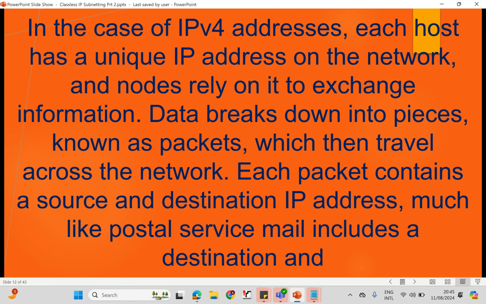So every piece of information, every packet, every data contains what we call the source. As a matter of fact, we have the source MAC address, the source IP address, then you have the destination IP address and the destination MAC address.